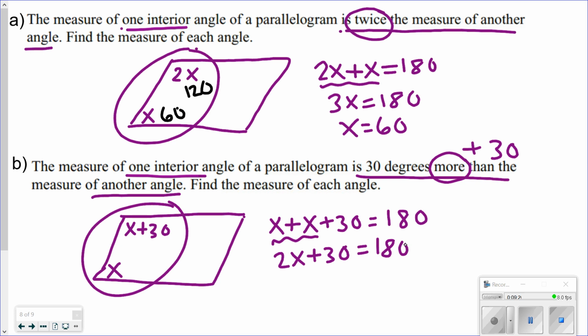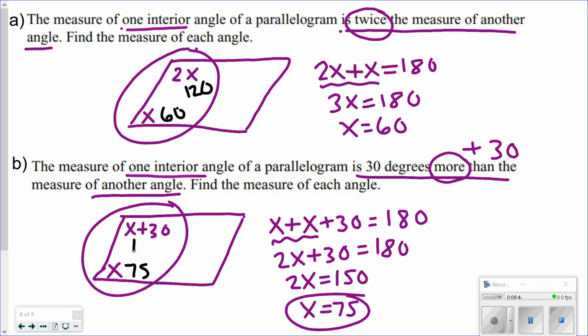Subtract 30 from each side. 2x is equal to 150. Divide by 2. x is equal to 75. So 75 plus 30, that gives us 105. And we're done.